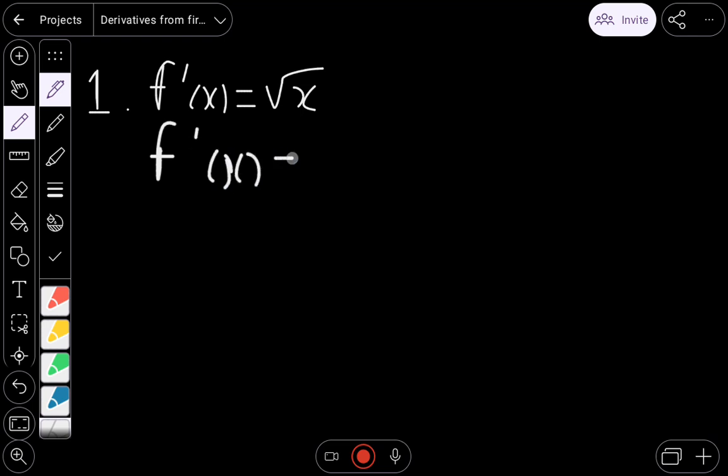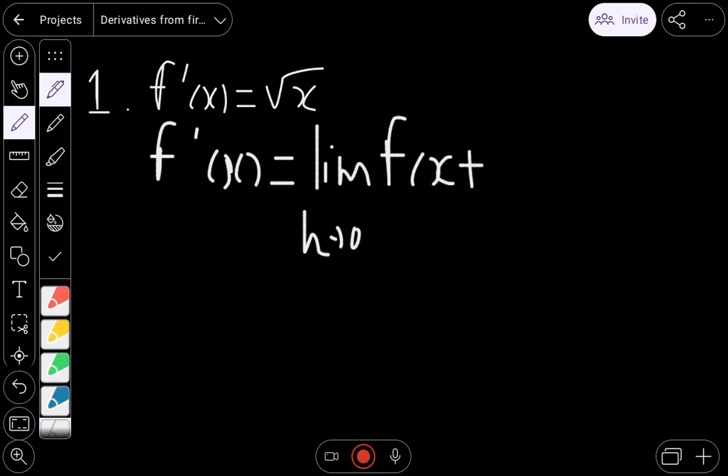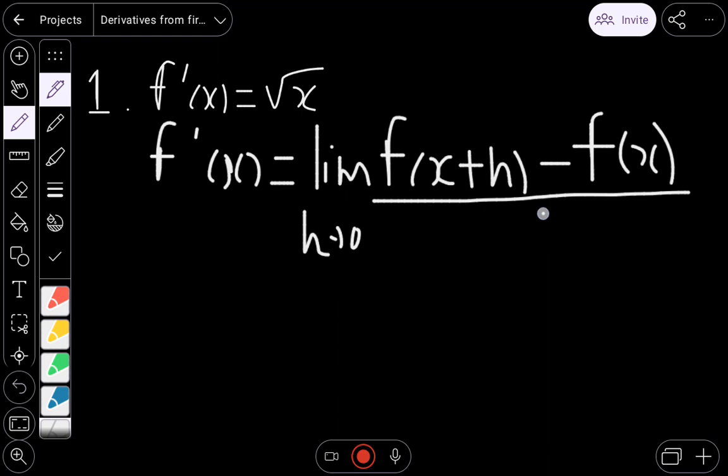I always forget selecting the pen here. F prime of x equals the limit where h tends to 0 of f of x plus h minus f of x, all divided by h. That's the formula, right?